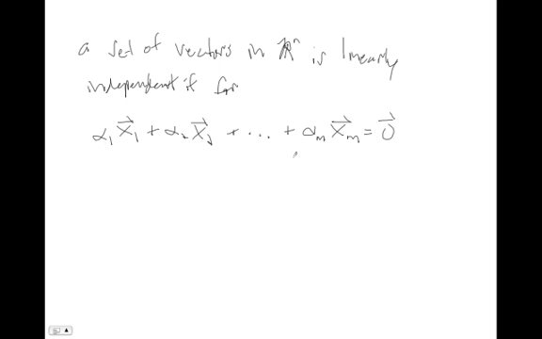So let me continue with this statement. A set of vectors in Rn is linearly independent if for this equation, so some linear combination of these m vectors, it equals 0. Okay, I've added them together and I've gotten a big 0 vector. So this is an n by 1 0 vector.